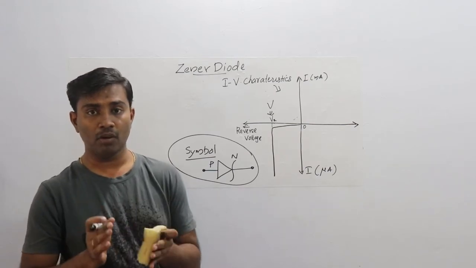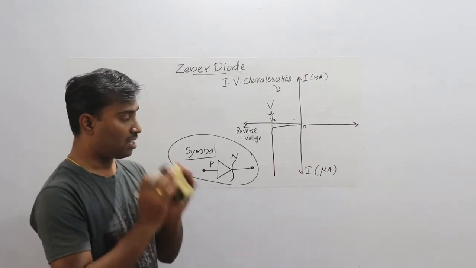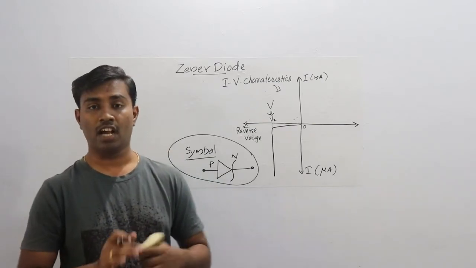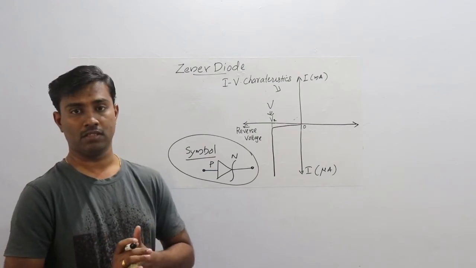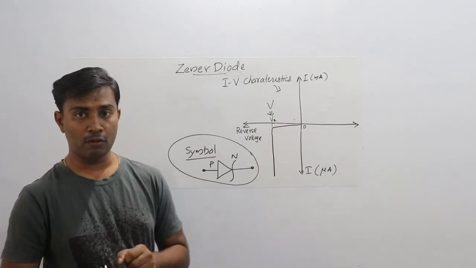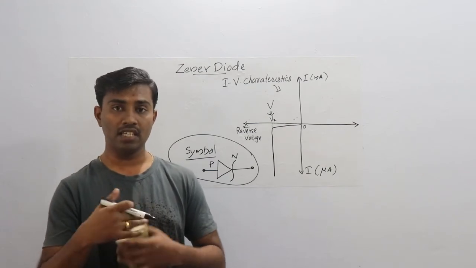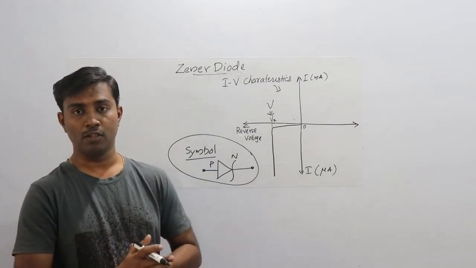One of the important things related to the Zener diode is that the Zener voltage never varies with the current flowing through the Zener diode. If the Zener current increases, there is no change in the Zener voltage.